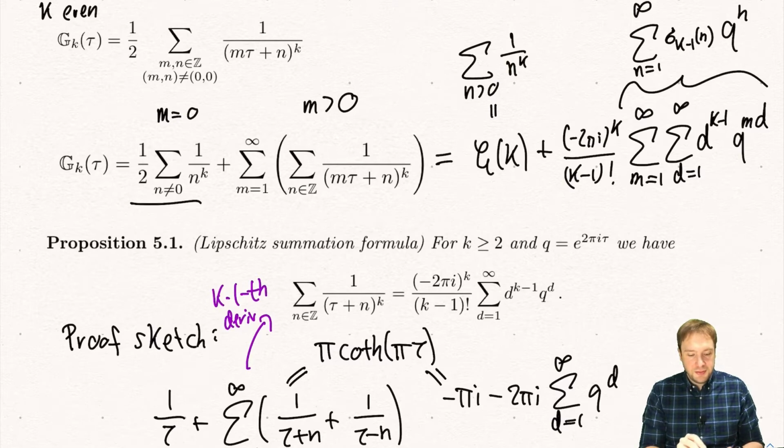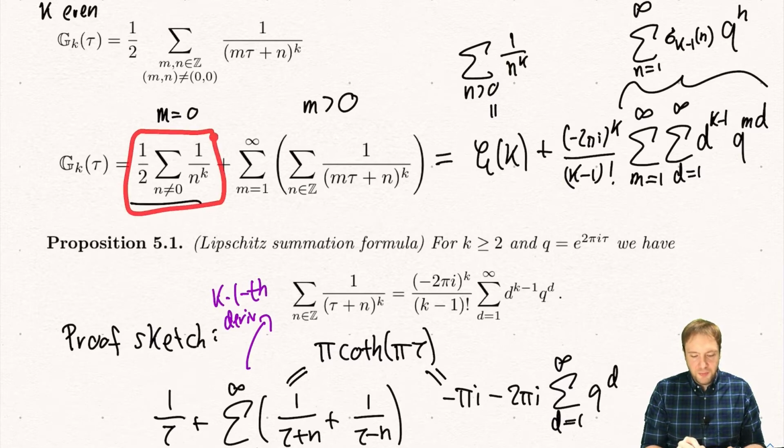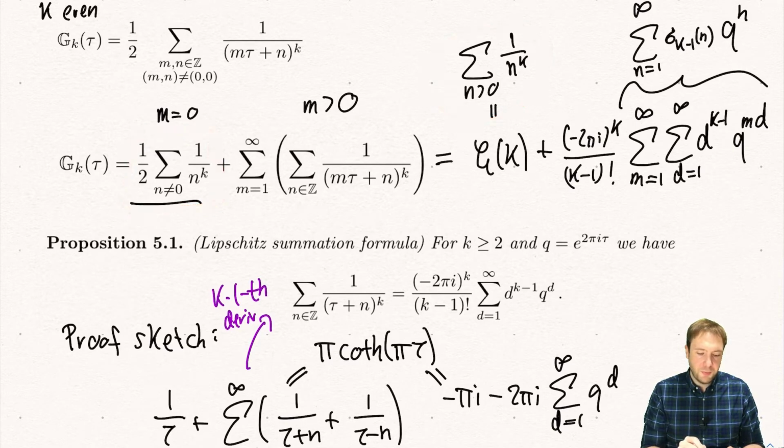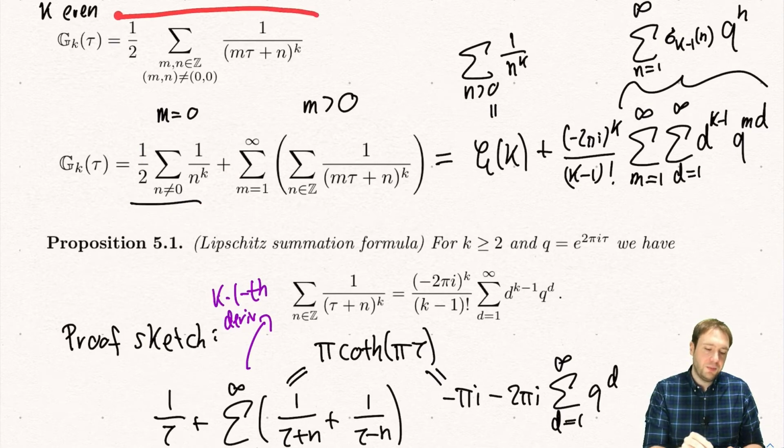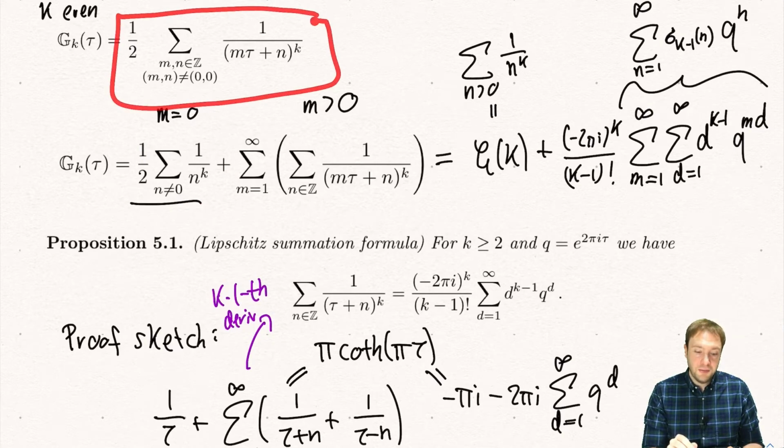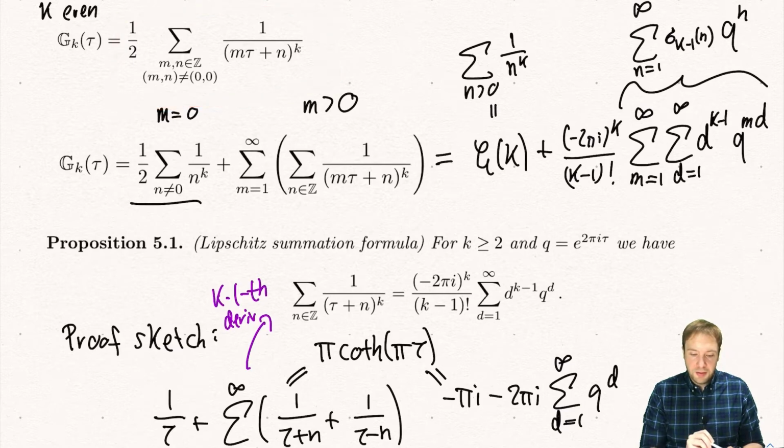And we see here that this comes from here, but here we don't really take the sum over all positive integers, we take the sum over all integers which are non-zero. And this comes from the fact that we take here the sum over all lattice points which are non-zero.